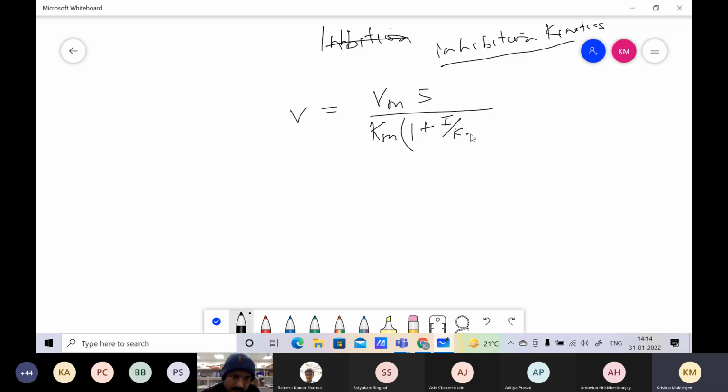So the Km becomes larger and larger, Km(1 + I/Ki), as inhibitor becomes more and more, plus S of course. Are you getting this argument?